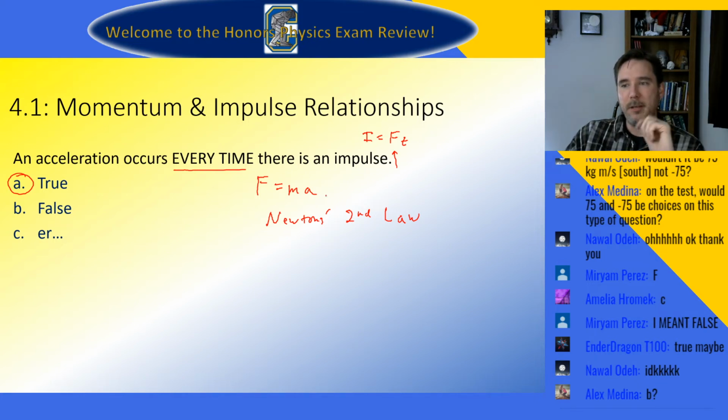Alex got it right. Because of Newton's second law, every time there's a net force, you're going to have an acceleration. So if you see the word acceleration on a test, don't freak out. If there's a net force, there's an acceleration.